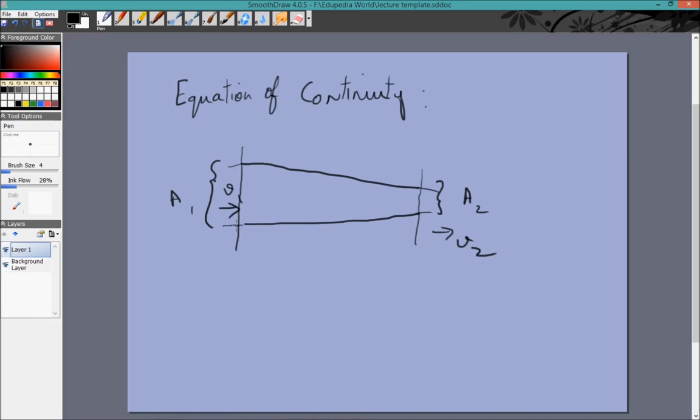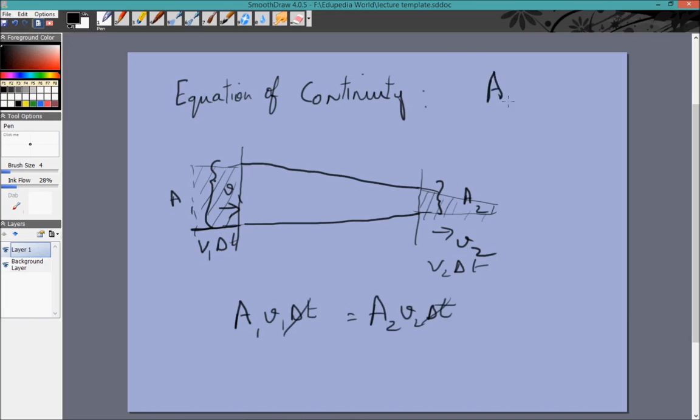If this particular length is V1 delta t, then this particular volume of water will enter this pipe in delta t time. Similarly, in delta t time, V2 delta t would be the length. This particular amount of water would come out in delta t time. We know that both of them have to be equal. So A1 V1 delta t is equal to A2 V2 delta t. Delta t cancels. We get the equation of continuity: A1 V1 is equal to A2 V2.